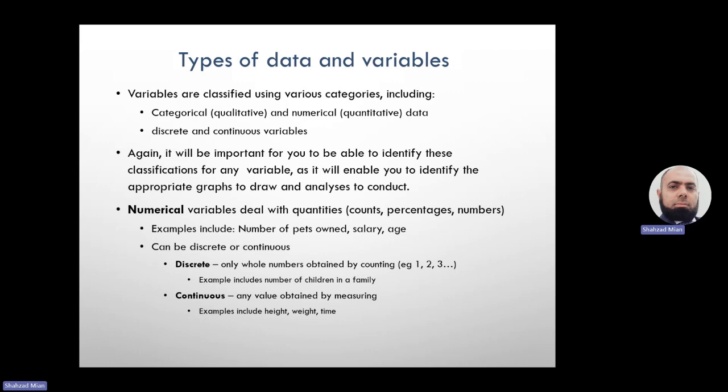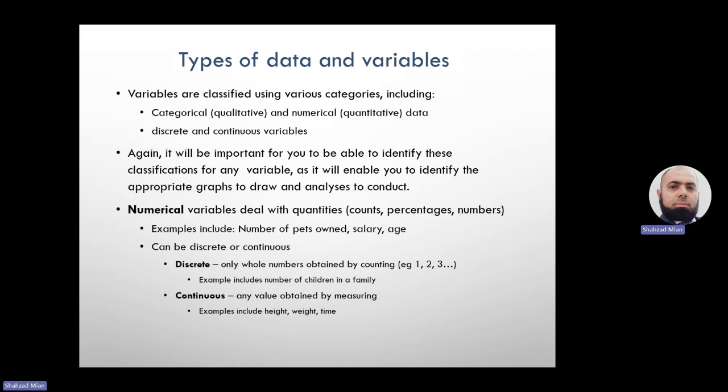So first of all, start with numerical variables. They normally deal with counts, percentages, and numbers, which include number of pets owned, salary, and age, and they could be either discrete or continuous. Discrete are exactly the whole numbers obtained by counting: one, two, three. Take the example of buying apples, which could be one, two, three.